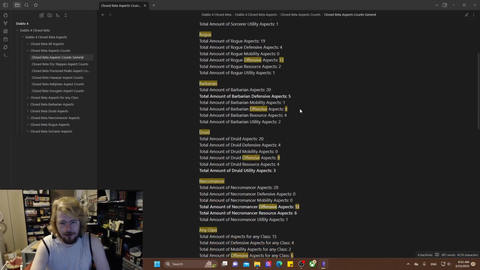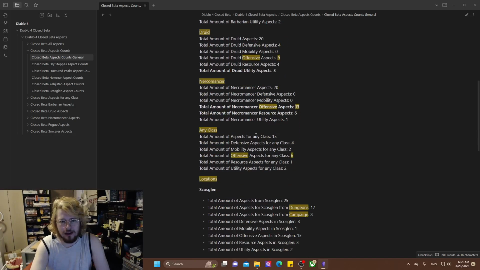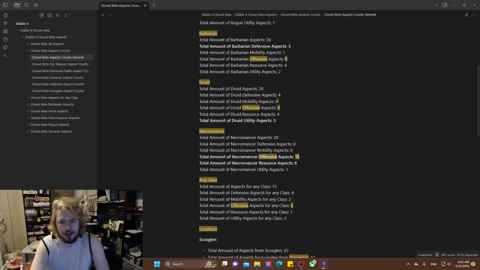Moving on to the Barbarian, has 20 total aspects, 5 defensive, 1 mobility, 8 offensive, 4 resource, and 2 utility. And the Barbarian has the most defensive aspects of all the classes. The Druid has 20 aspects total, 4 in defensive, 0 in mobility, 9 in offensive, 4 in resource, and 3 in utility.